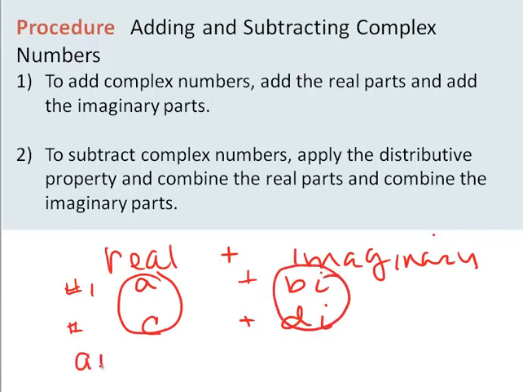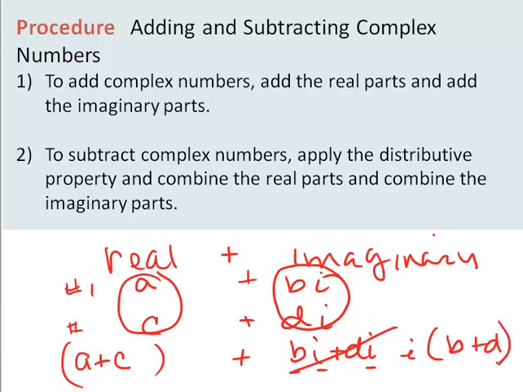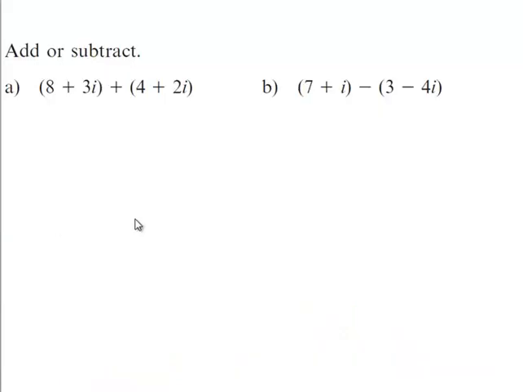So here I have A plus C, and over here I have BI plus DI. And remember, I can pull this common factor out, so that becomes I times B plus D. If you need to subtract, again, it's the same idea. I think this will make a little more sense once we practice it with some real numbers.